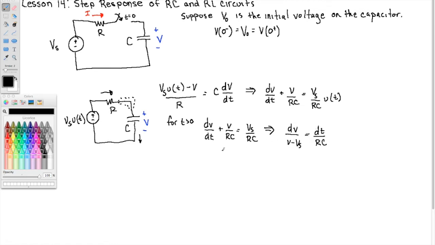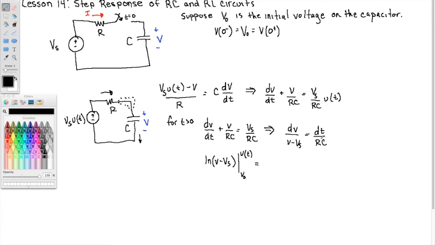So we can integrate. 1 over V minus Vs dV is the natural log of V minus Vs, and we integrate this from our initial condition V0 to the voltage at the time right now, equals the integral of this.